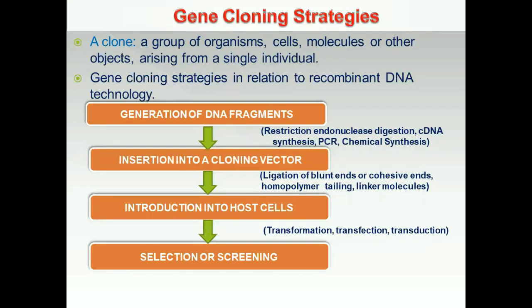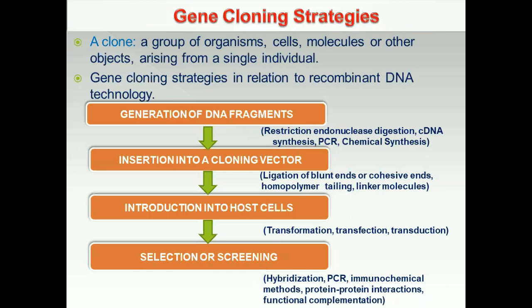After introduction to the host cell, it goes through transformation, transfection, or transduction. And the last step is selection or screening of the recipient cell with the recombinant DNA. This is done to check whether the recipient cell has the recombinant DNA or not.